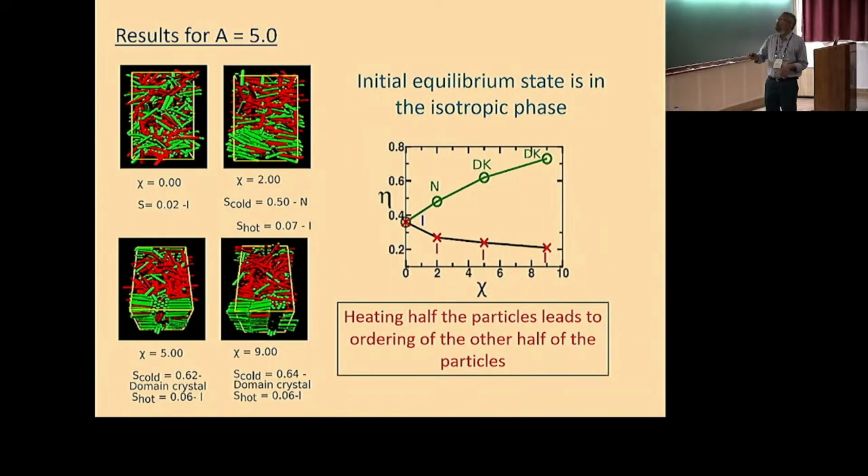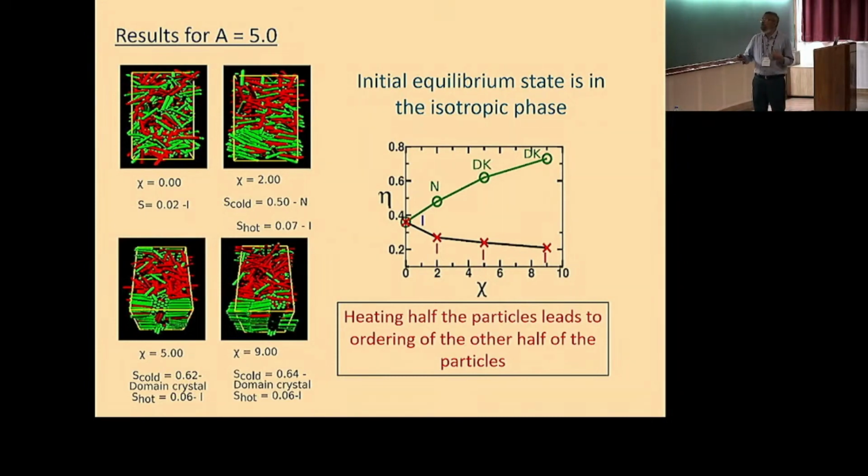And in the cold region, which is given by these green symbols, you have this sequence of phases that you get when you increase this temperature difference. The initial density was such that everything was in an isotropic phase, but as you increase the temperature of half of the particles, then in the cold region you have different phases coming in: nematic, and then this is a domain crystal, a polycrystal, and then again at high densities you get a polycrystal.